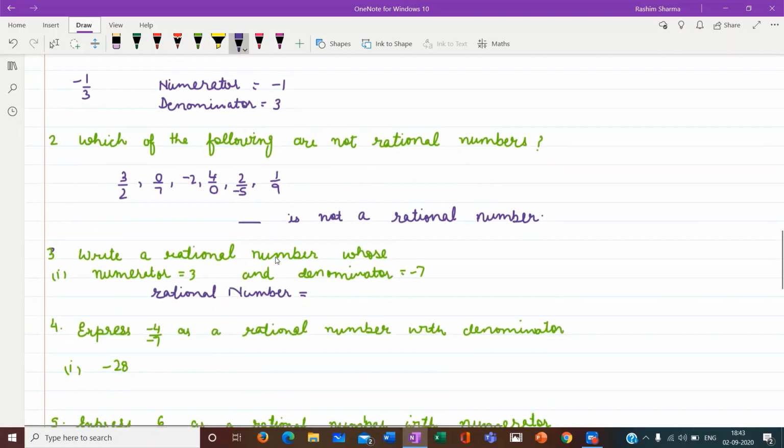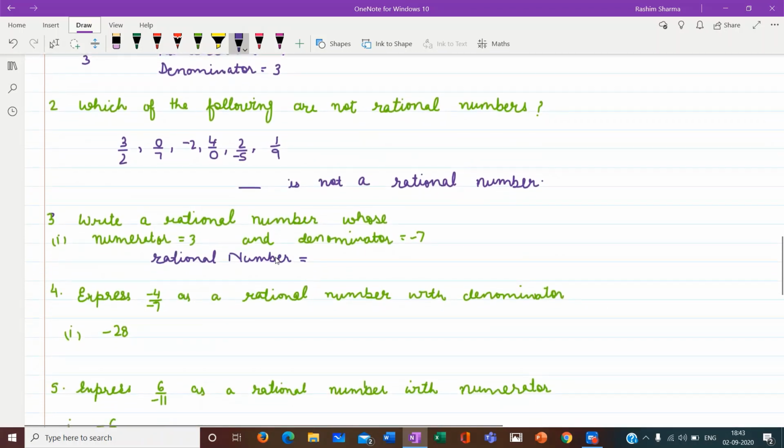Which of the following are not rational numbers? Now we know rational numbers can be written in numerator upon denominator form, and numerator and denominator both can be negative or positive. Alright, so 3 on 2, yes, this is a rational number. 0 on 7, yes, we know 0 is a rational number. Minus 2 we can write as minus 2 upon 1.